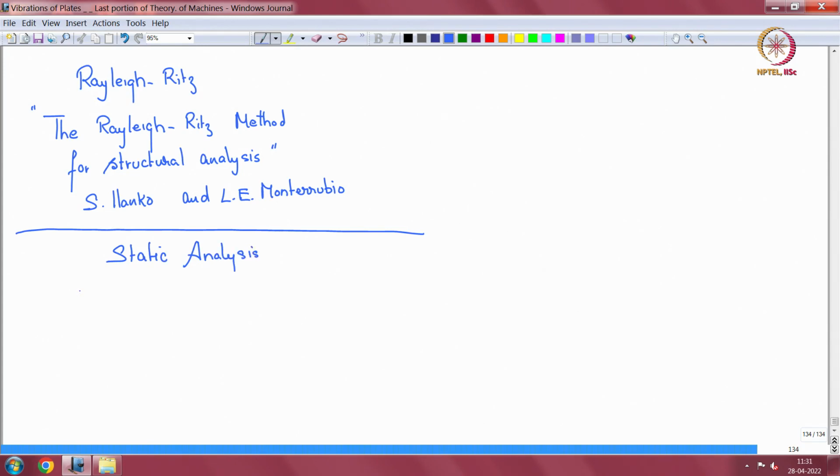For example, if I have again a cantilever beam and I take downward positive, and there is this force P that is external, acting at x equal to L. Then for static analysis I set my kinetic energy term, the psi m, to 0.